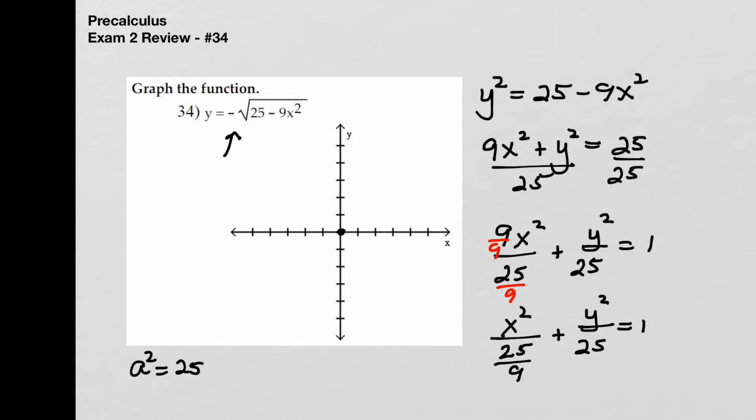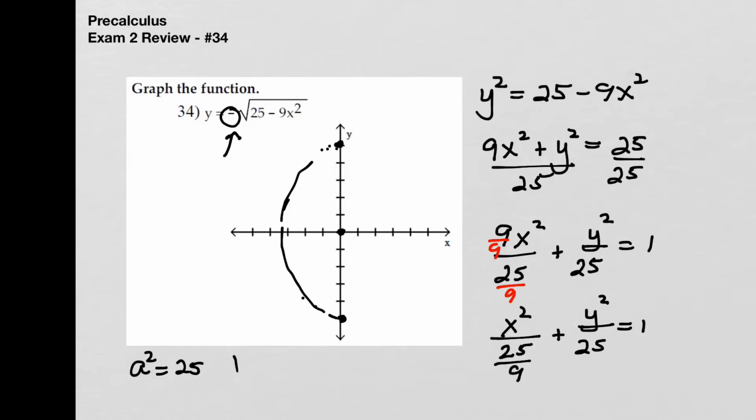So my vertices are going to be at plus and minus 5. And I did say that this was going to only be a half of an ellipse, so in this case, because it's a tall ellipse, it's going to be the left-hand side of an ellipse. So here I've roughly sketched it, but I really don't know if that's accurate until I do a little bit more work.